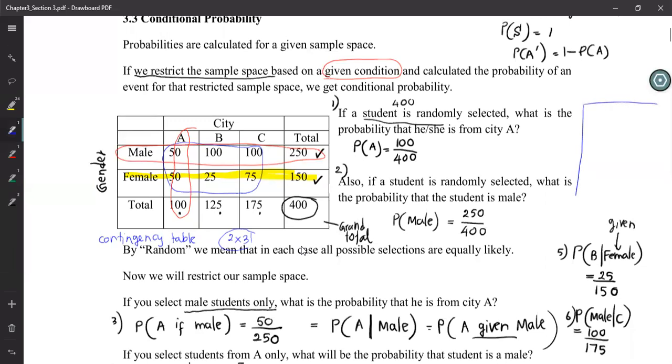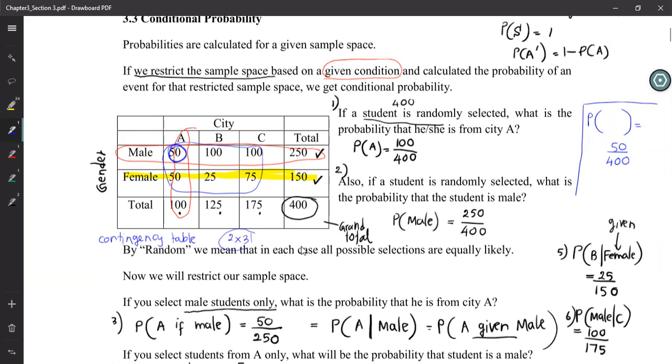Now, what do you think? Look at the very first cell, 50. Let's find the probability. If you have a value 50 out of 400, what does that mean? Probability of something, that is the 50 out of 400. I'm talking about the 50 in the very first cell. What do you call that category of students?